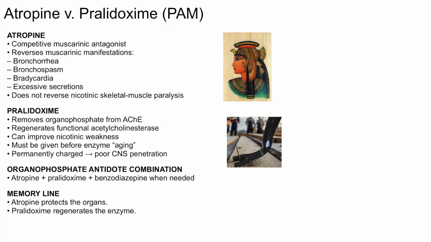But I just remember that one is an anti-muscarinic because it's going to make your pupils big, right? So there you go. And then with pralidoxime, I remember it as a crowbar because it's going to pry that organophosphate off of the acetylcholinesterase to then restore it. So I just remember that one's used with organophosphate poisoning because of its ability to pry off an organophosphate, aka pralidoxime. So there you go.